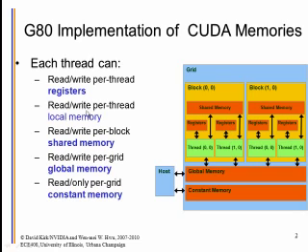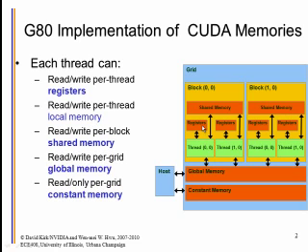There is also read-write per-thread local memory, which is not shown here. The thread local memory is private to a particular thread.